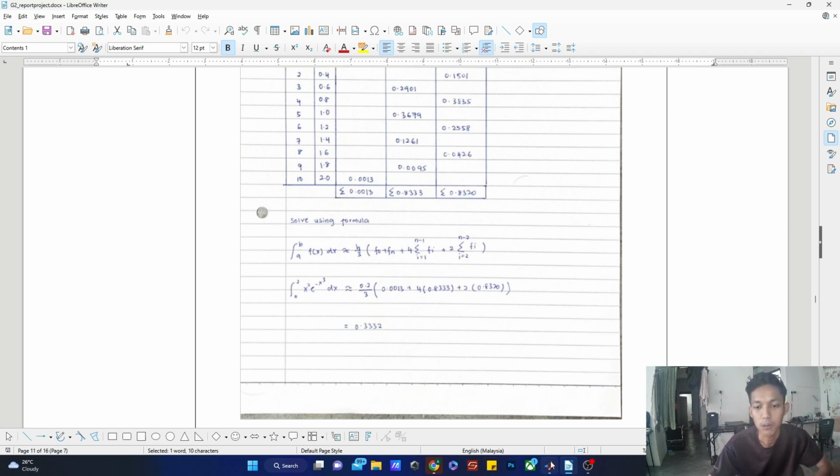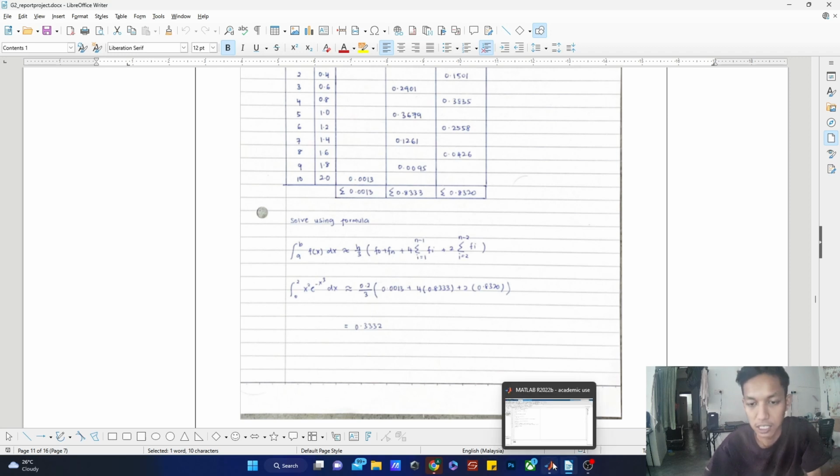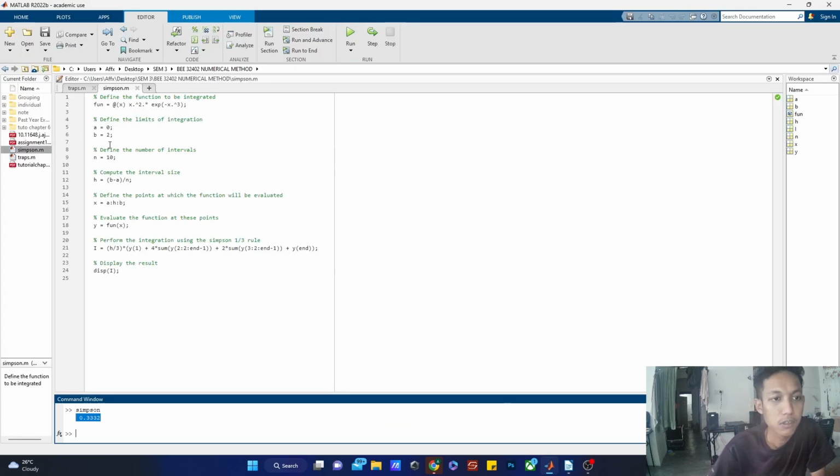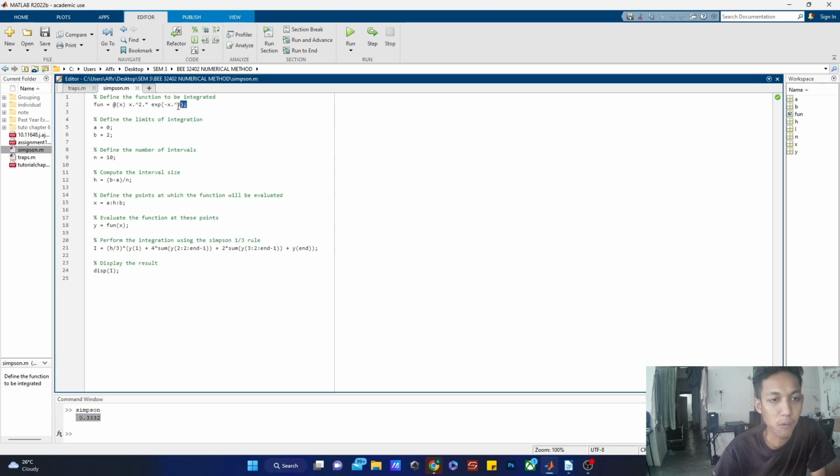So without further ado, I'm going to explain the simulation in Matlab. In this coding, first of all, we have to put in our function, which is based on our question. Our limits of integration are a equal to 0 and b equal to 2. The number of intervals is 10.